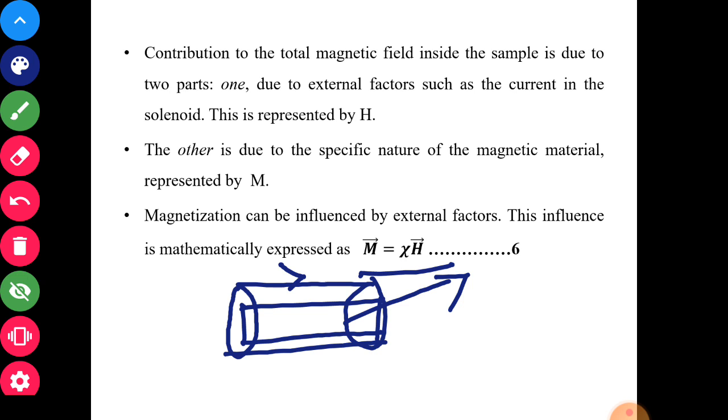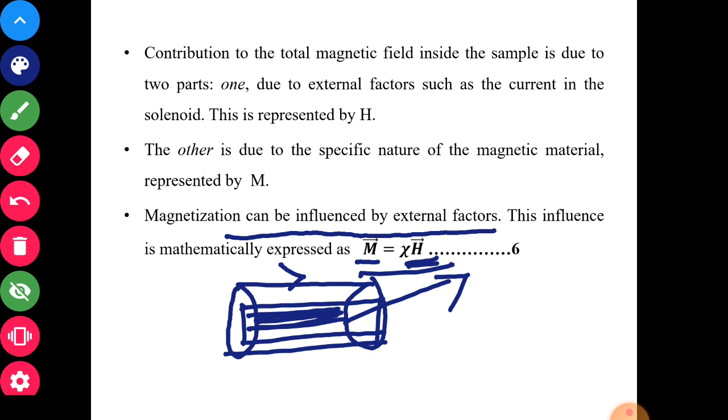Magnetic moment is the cause of the magnetic field produced by this material. So this magnetic moment is aligned in one particular direction by the current passing in the solenoid. So magnetization is influenced by an external factor.